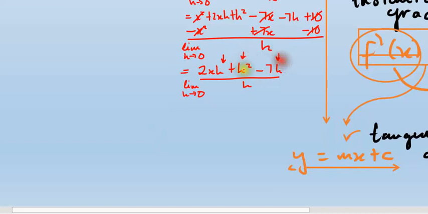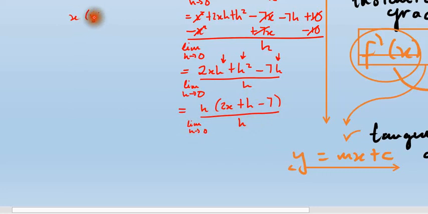I'm going to factorize h out, and I have 2x plus h minus 7 all together divided by an h, and the limit is still that h is approaching 0. Now because you have factored it out, remember common factor. x will cancel x. So that's what I would do here.